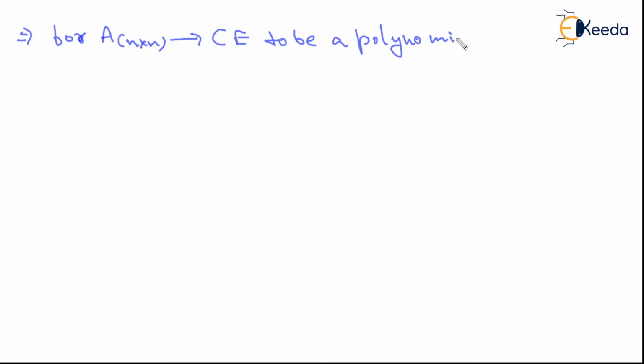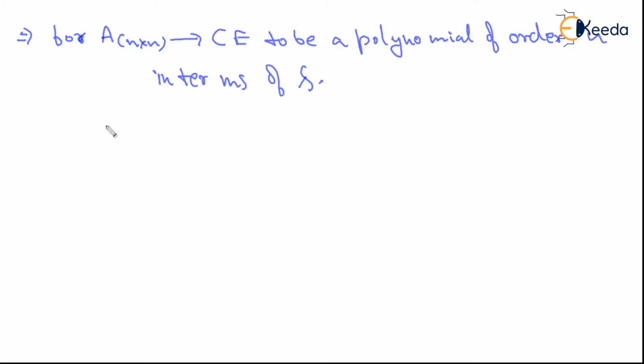So in general, let's see some of the points. In general, for a matrix n cross n, we can expect the characteristic equation to be a polynomial of order n in terms of lambda, right?